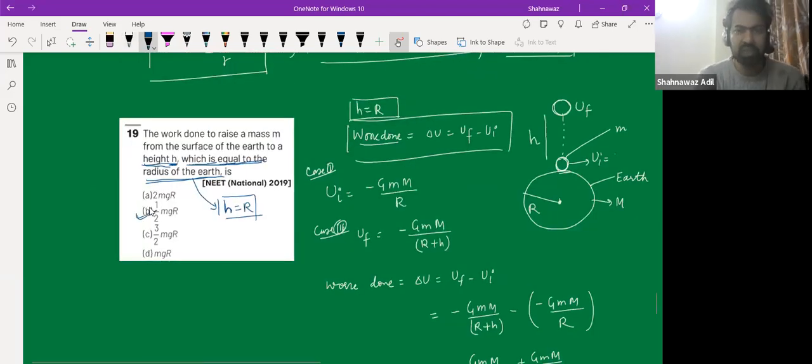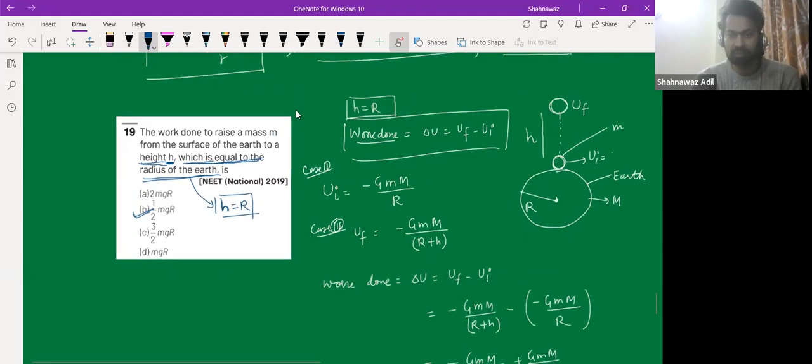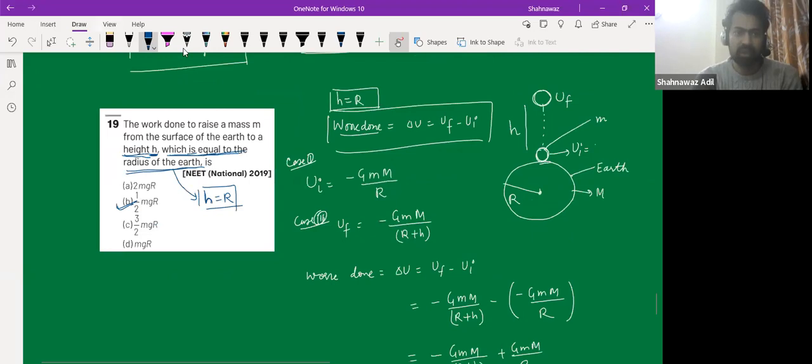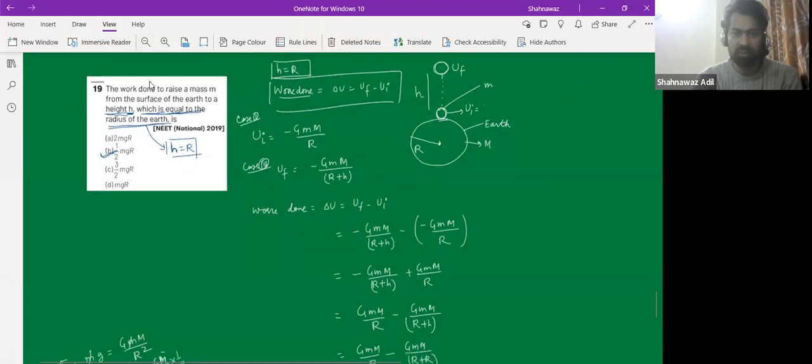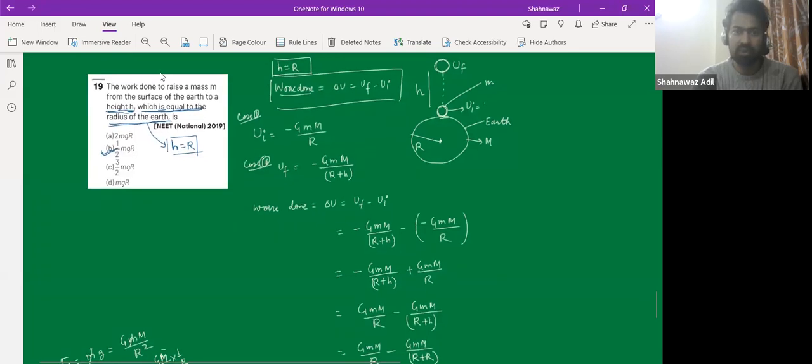Is it clear to you, Siddhika? Is it clear? Oh, good. Then please note it down, and then we will do another question.